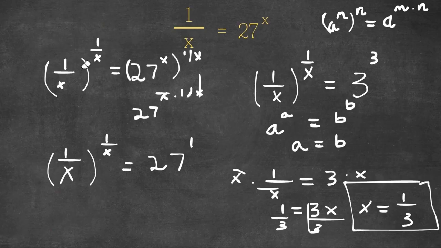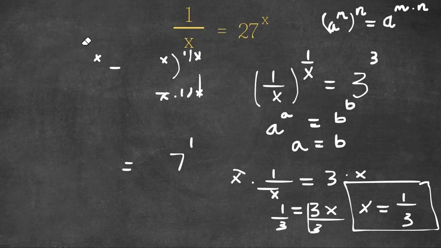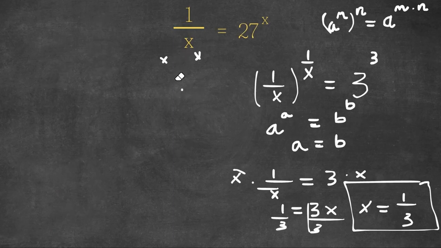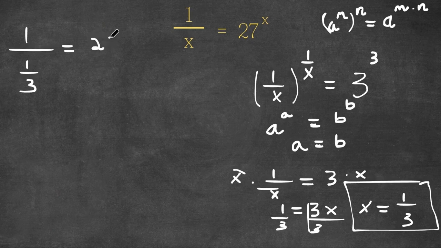Now, to check, let's plug x into this equation. So now we have 1 over 3 is equal to 27 to the power of 1 over 3.